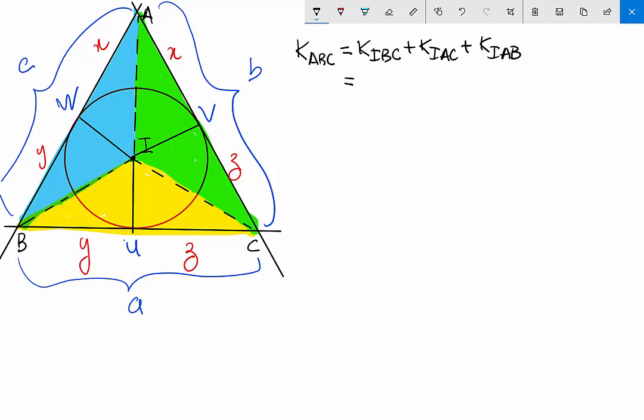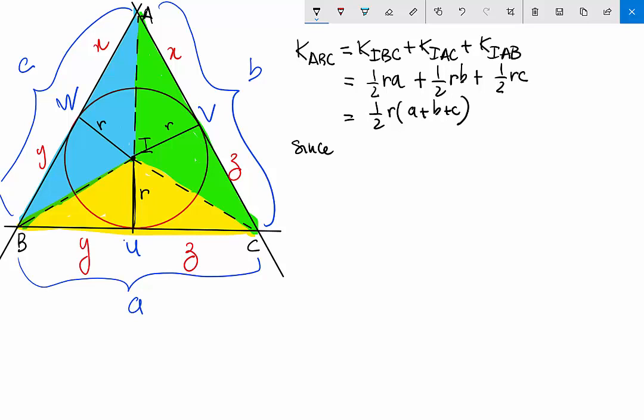Its height is r, the inradius of our circle, and its base measures a. So the area of IBC will be half r a. For the green one, we'll have half r b, since the radius is still r and the corresponding base is b. And for the blue one, the height is r and its base is c. So factoring one half r out gives us this formula.